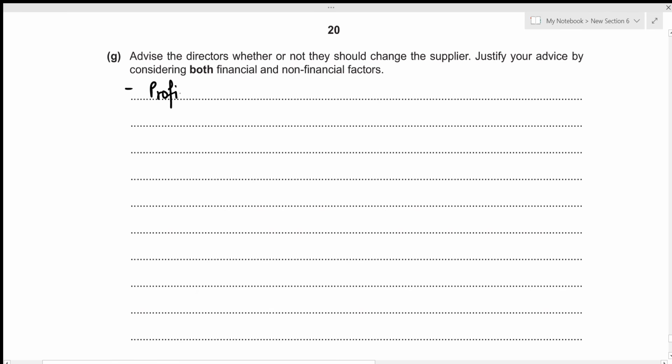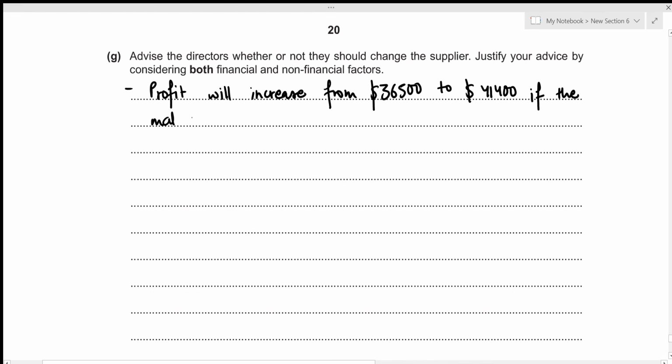So profit will increase from 36,500 to 41,400 if the materials are bought from overseas supplier.